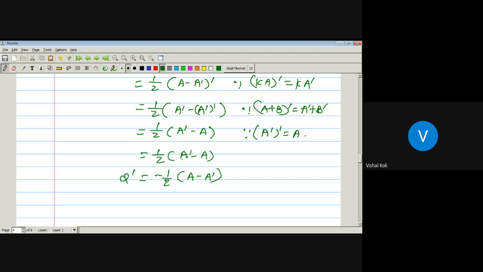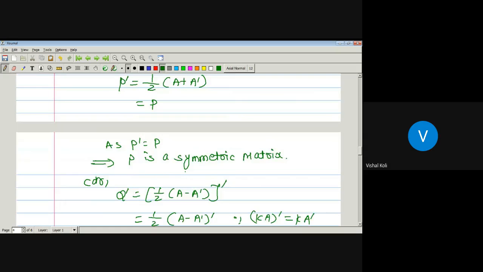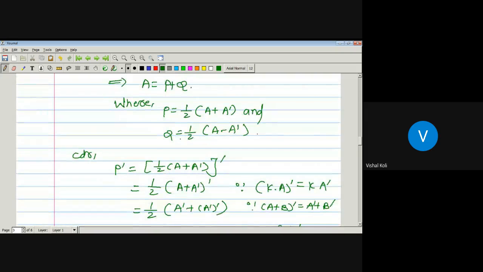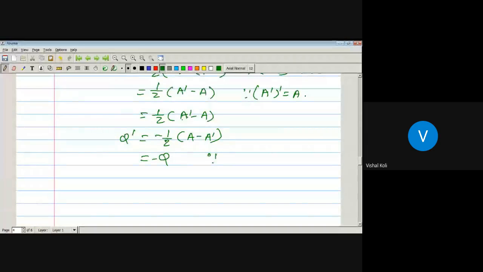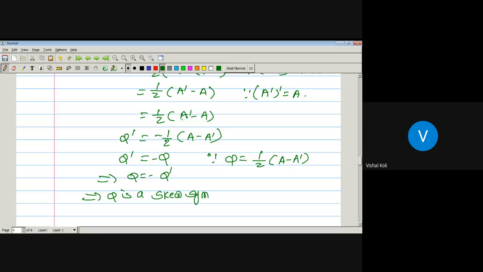So Q transpose is equal to minus 1 upon 2 (A minus A dash), and 1 upon 2 (A minus A dash) is nothing but Q, so Q transpose is minus Q. Q transpose is equal to the negative of Q, which implies Q equal to minus Q transpose, and by the definition of skew symmetric matrix, Q is a skew symmetric matrix.